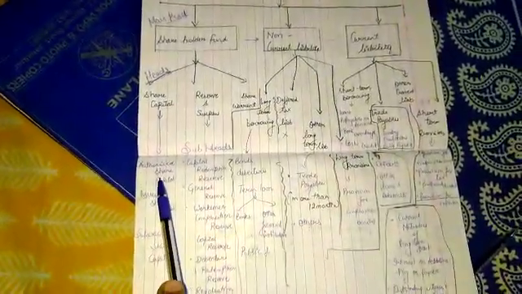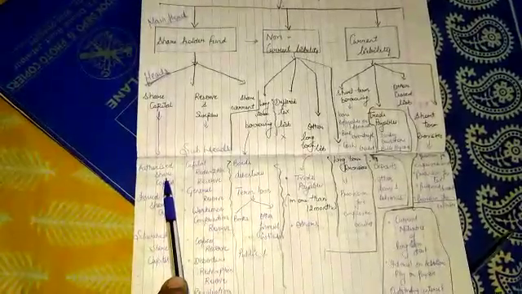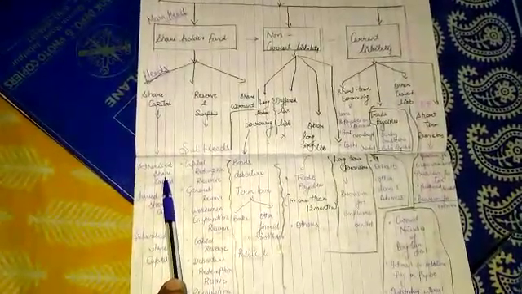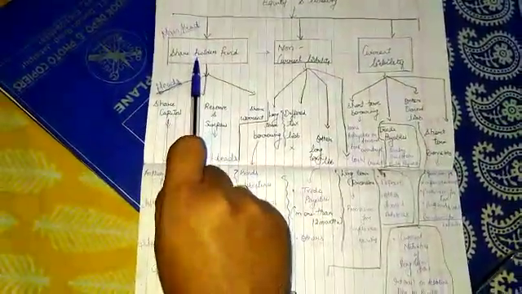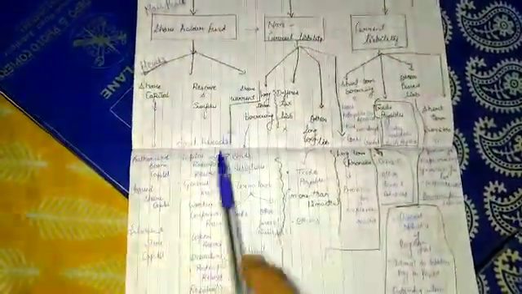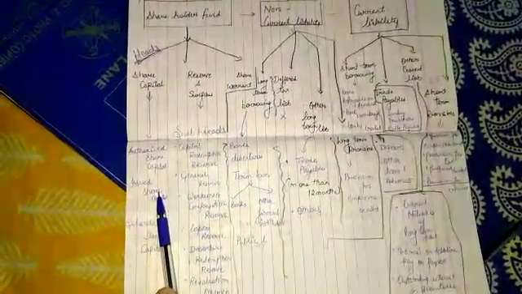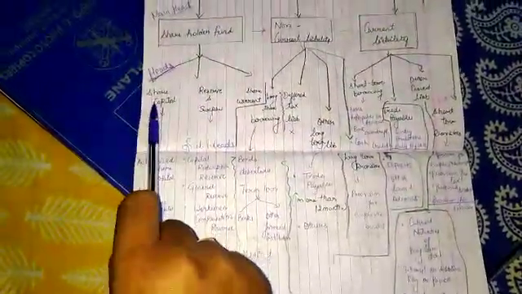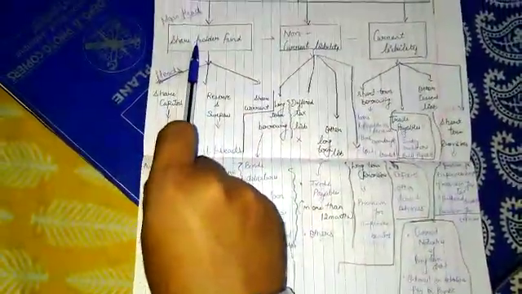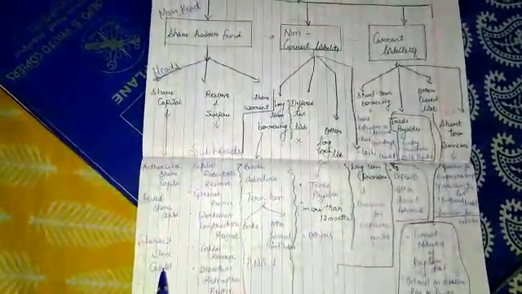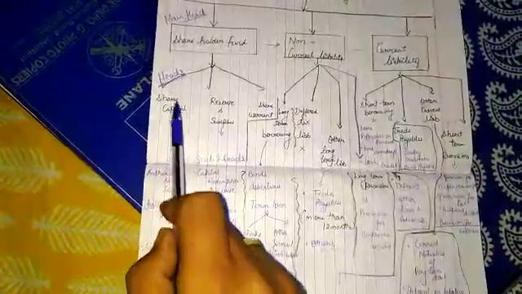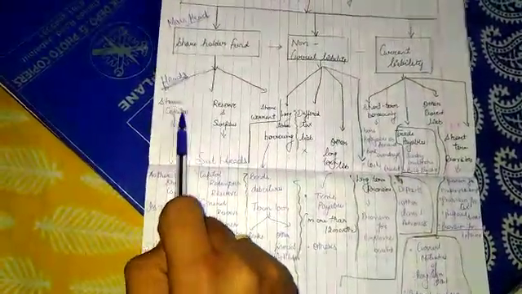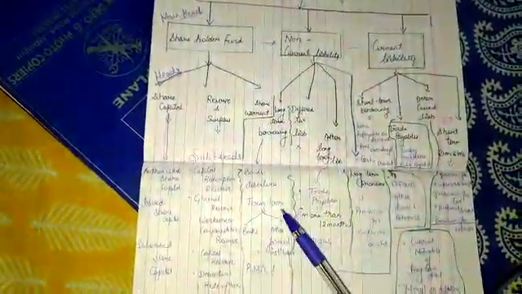If the question is asking where the authorized share capital is recorded, we have to say the head is share capital and the main head is shareholder fund. If the question is asking about issued share capital, the head is share capital and the main head is shareholder fund. If the question is asking about subscribed share capital, then subscribed share capital is a part of share capital and share capital is a part of shareholder fund.